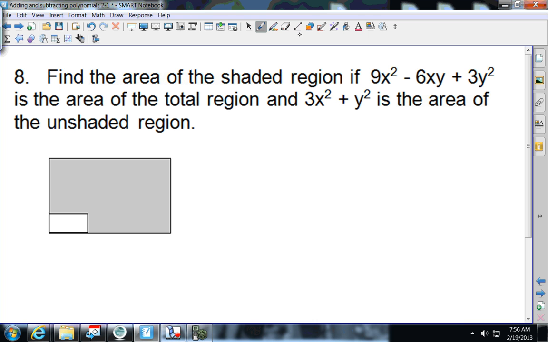So this is the big rectangle. This piece right here is the unshaded down here. How do I find the area of this shaded area? I would subtract. So you can do it a couple different ways. Take a minute and try and solve this one.